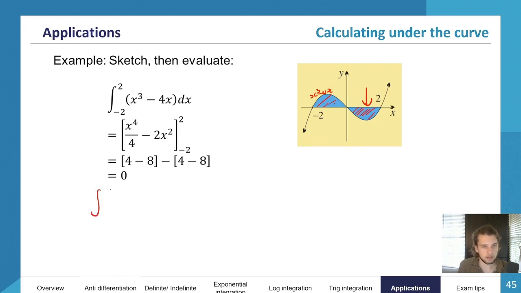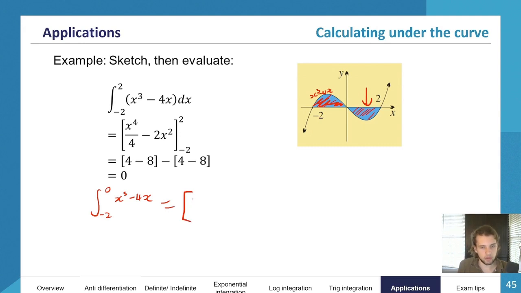So let's actually manually do that. We first want to get minus 2 to 0, x cubed minus 4x. So that's just this one in here. That is equal to, we have these square brackets.